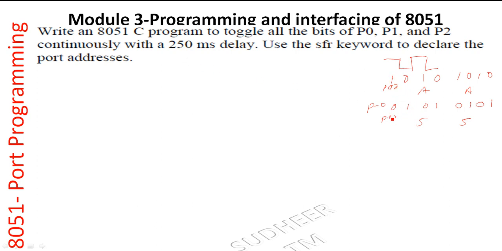After that, for another 250 milliseconds, P0.7 will be low. At the same time, P0.6 will first be logic low, then while this goes to logic 0, that goes logic high. So alternately, it will make a 1010 pattern on every port of your microcontroller.